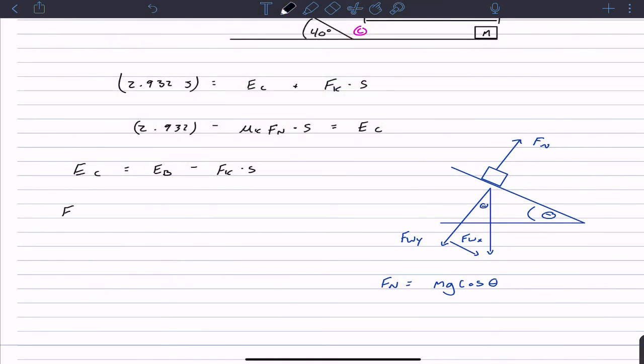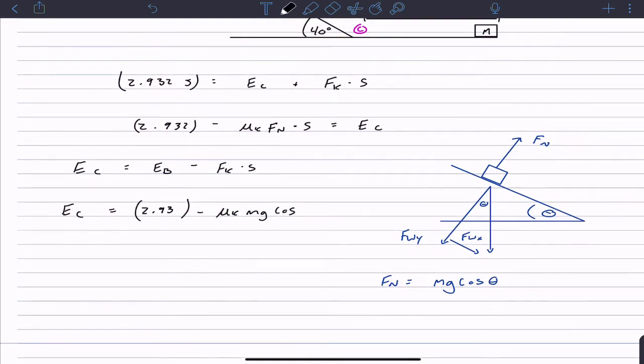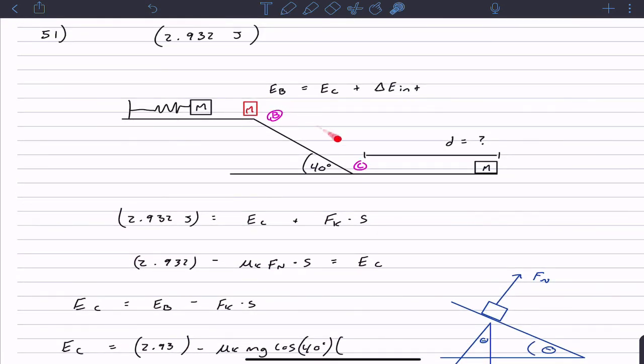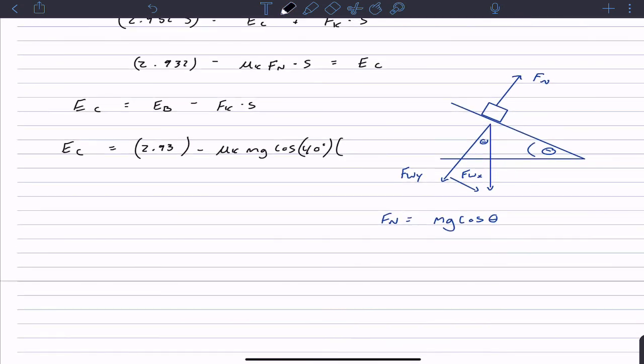So now we have EC is equal to 2.932 joules. I'll just call it 2.93. I don't need to write the extra 2 every time. Minus the frictional coefficient times mg cosine, and then the angle was 40 degrees, times the distance, which we're told is 50 centimeters along this ramp, so that's 0.5 meters.